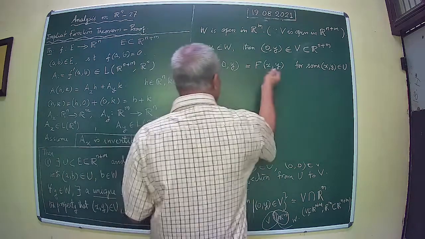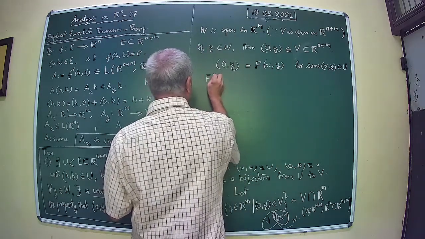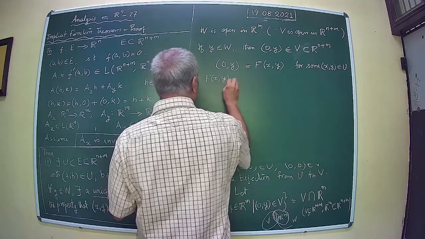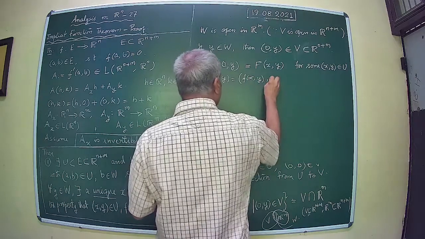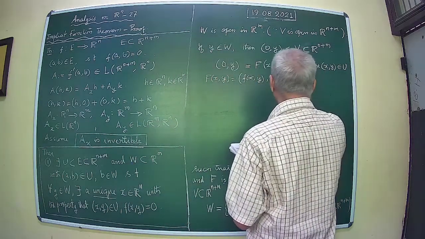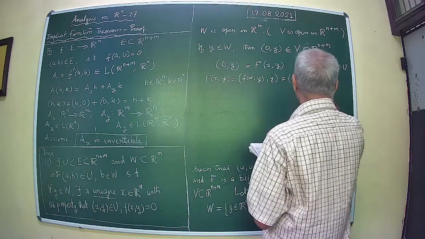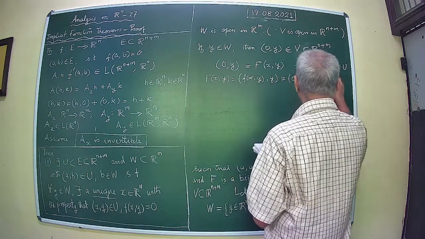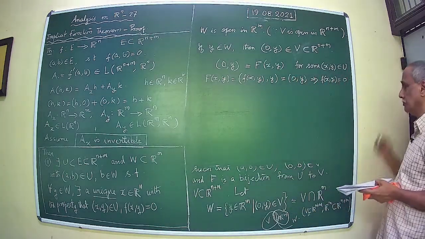That is, what is the meaning of this? What is f of xy? So f of xy is now equal to 0y, equal to 0.